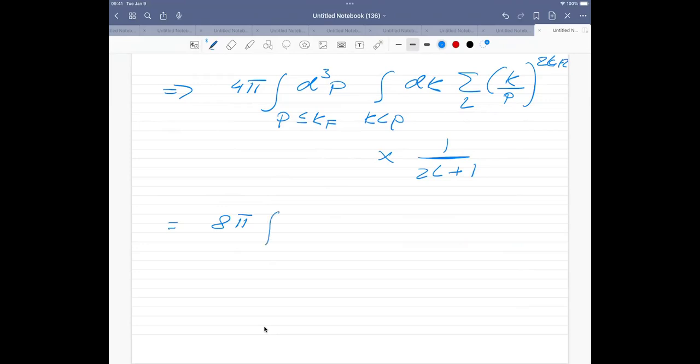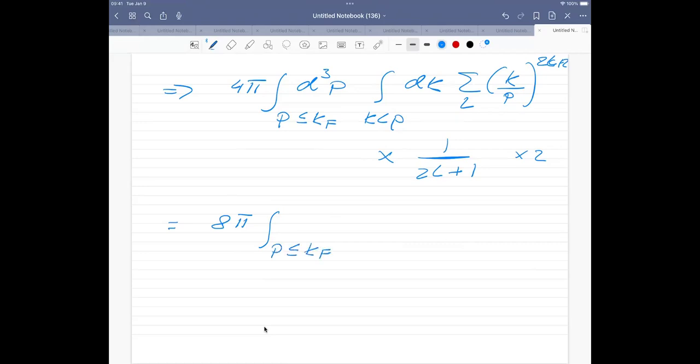And I have the factor of 2 here. So I should multiply this with a factor of 2, which comes from the other case where P is less than K. So I'm going to get now an integral which runs like this, P.